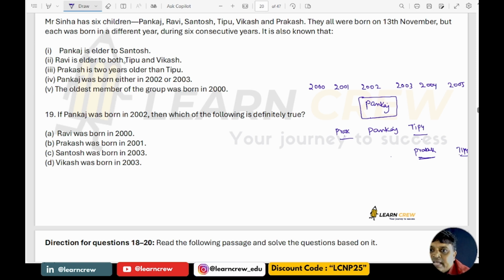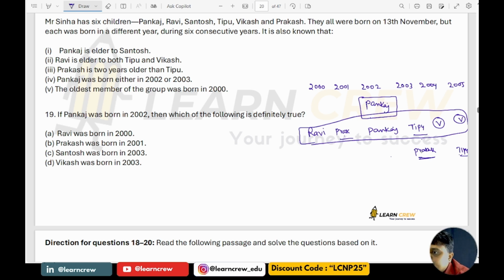Ravi is elder than both Tipu and Vikas, so Vikas has to be this one or this one. So Ravi must be here. So this can be the arrangement.